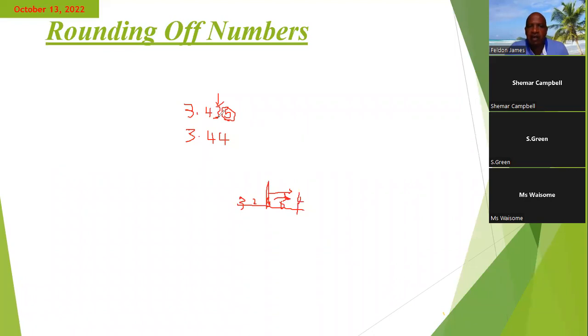This 3 is out of what? 3 over 100, right? And this 5 is over what? That will be out of 1,000.